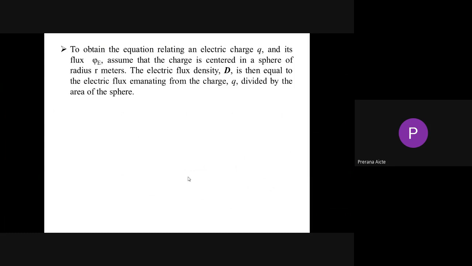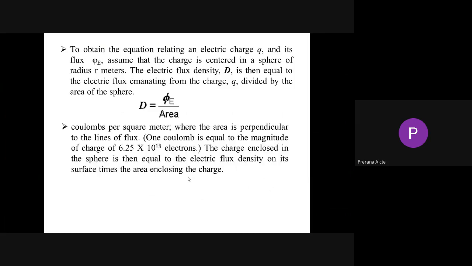The area of the sphere is 4 pi r squared. Therefore D, the electric flux density, is equal to Q divided by 4 pi r squared. So D is equal to psi, the electric flux, divided by area, where the area is 4 pi r squared.